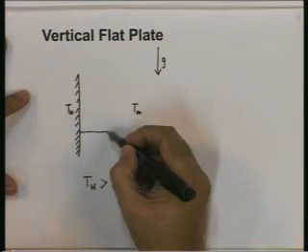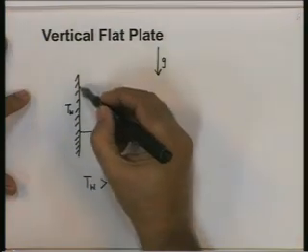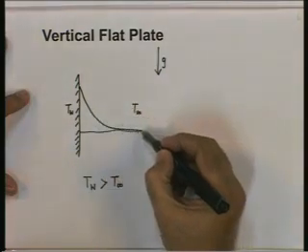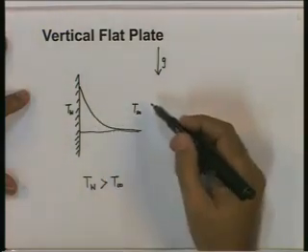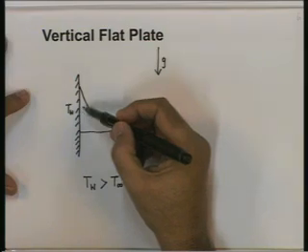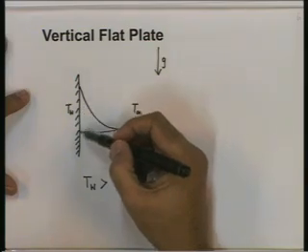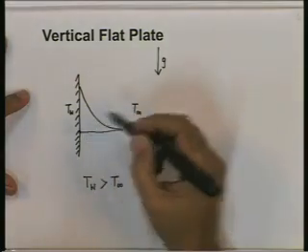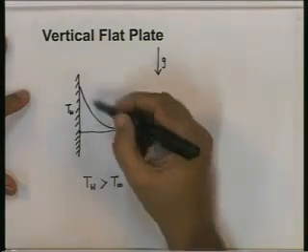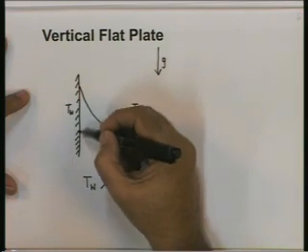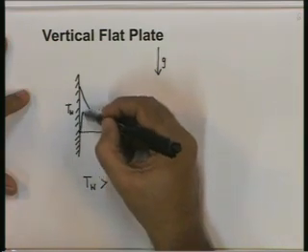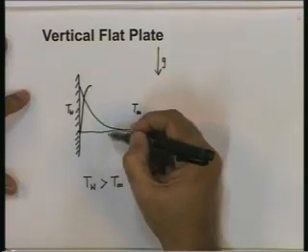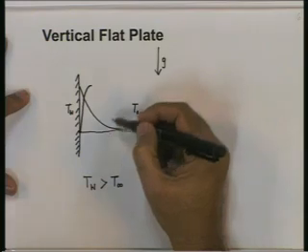As we go away from the wall, we will notice that the temperature reduces from the wall temperature to the free stream temperature. Because of the higher temperature near the wall, density will reduce, fluid would tend to move up. At the wall itself, the velocity will be 0, but slightly away from the wall, the velocity will increase. But as it goes away, the temperature difference reduces, so the density difference also reduces.